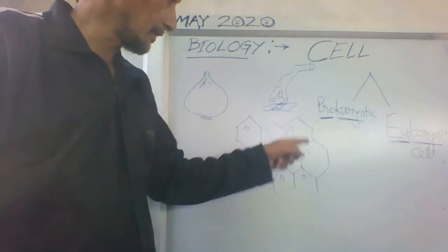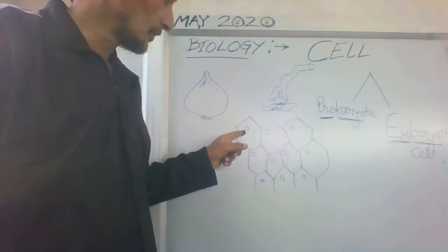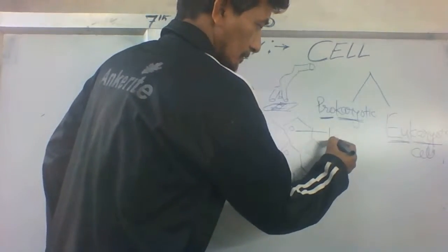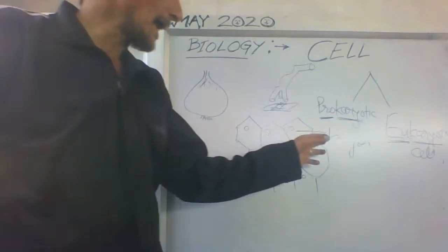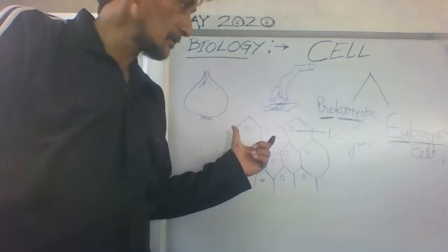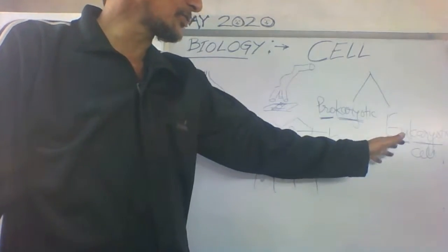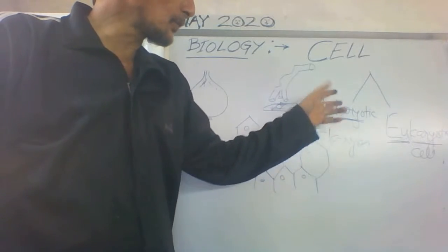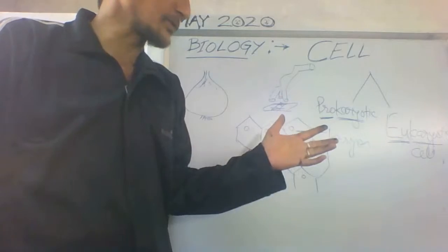This is a single unit cell, and I have made a nucleus in every cell. This nucleus is known as karyon. As this is the primitive karyon, this is called prokaryotic cell. And this is the new karyon, this is called eukaryotic cell. Karyon means nucleus, pro means primitive structure.